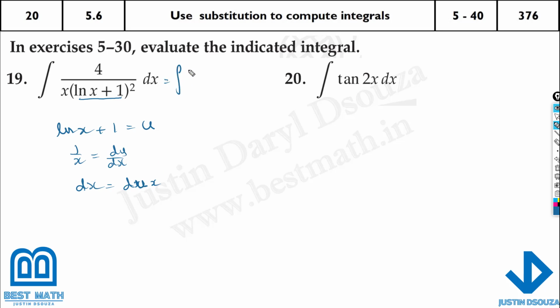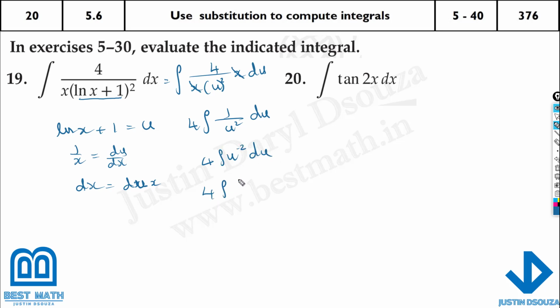I'll substitute back in the given question 4 divided by x. Whatever is there over here, it becomes squared. And this becomes x times du. So this x cancelled off. You have 4 integral 1 by u squared du. What is 1 by u squared? We can take this up. It'll be 4 integral u to the power minus 2 du.